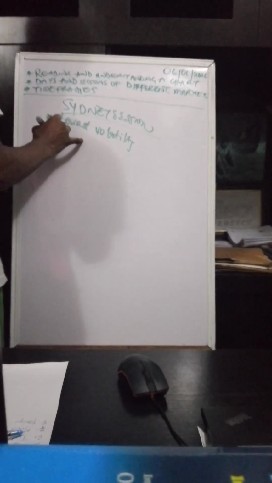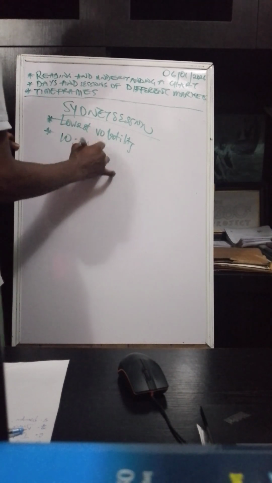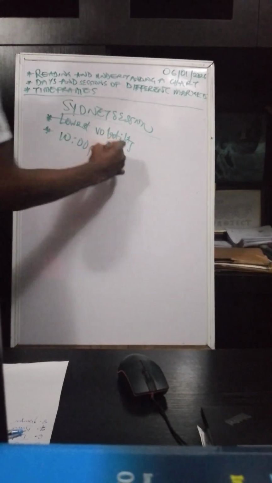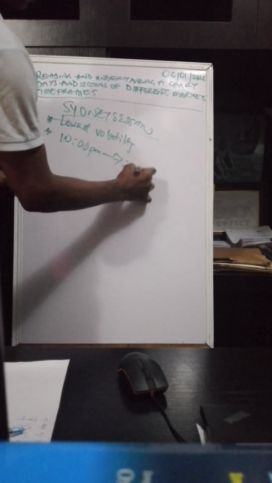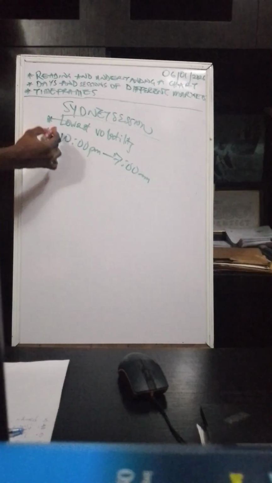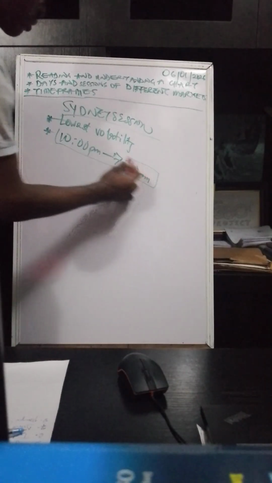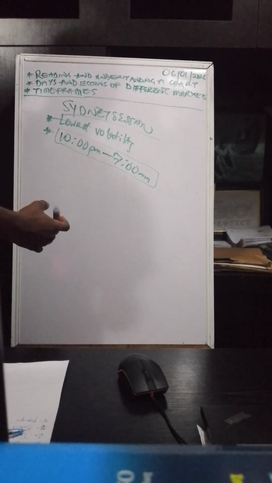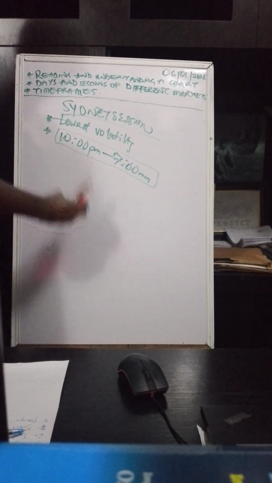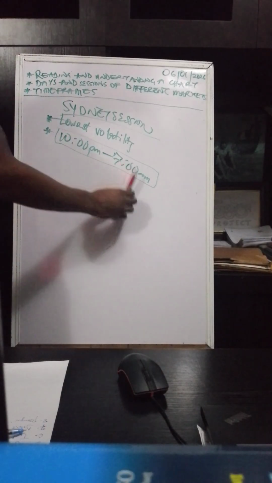That is number one. Sydney session runs from 10 p.m. all the way to 7 a.m. It closes at 7 a.m. So in this time region, Sydney session is open, and the lowest volatility will be seen from 10 p.m. to 7 a.m. Nigerian time, which is GMT plus 1.